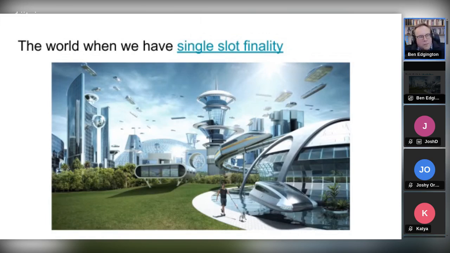When a checkpoint becomes finalized, then implicitly everything prior to it becomes finalized as well. It's a bit of a technicality, really. In principle, when an epoch becomes justified, everything before it is effectively justified.